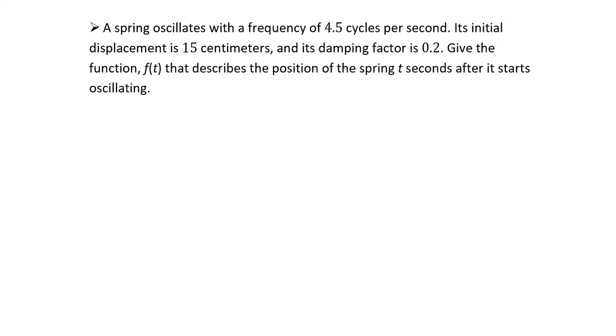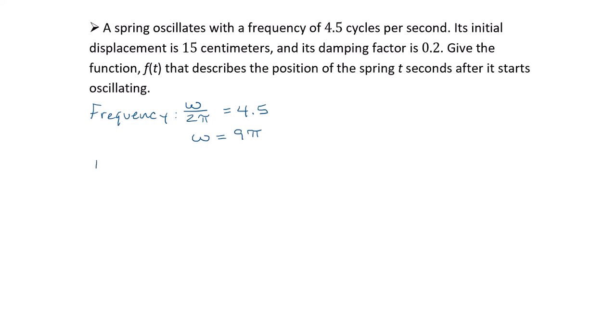I know that my frequency is going to be, remember, omega over 2 pi, and it says the frequency is 4.5. In this way I can solve for omega. Multiplying both sides by 2 pi, I know that omega is 9 pi.